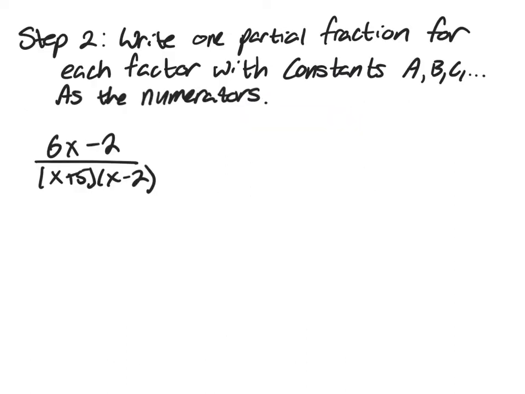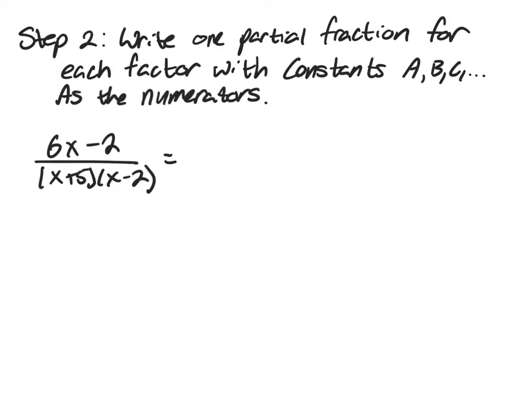Okay. Step two, we are going to take this rational expression with a factored denominator, and we are going to write one partial fraction for each factor where our numerators are constants. We're going to let those constants be a and b because we only have two factors. We would use c, d, etc. if we had more factors.